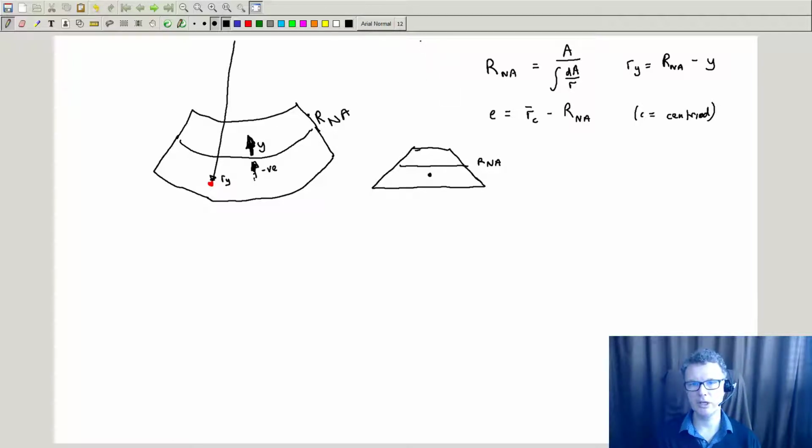So what I'm doing here is I'm looking at this side section, and this location is given as the R_NA, and this is my little R_C bar.